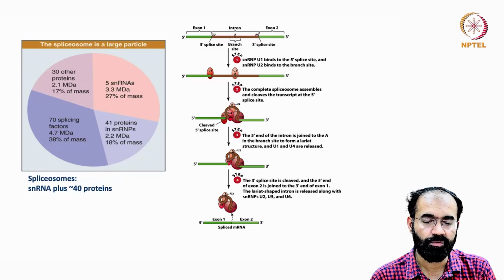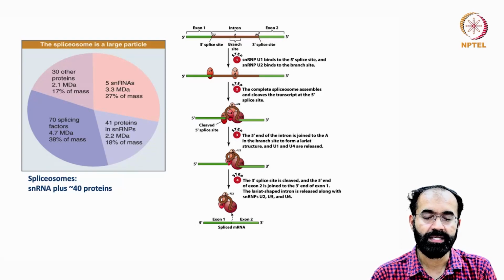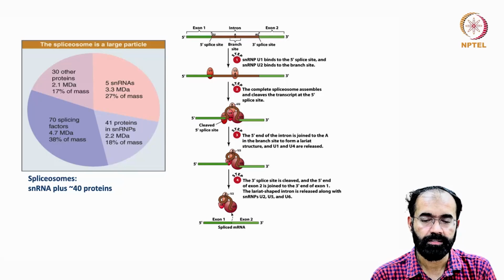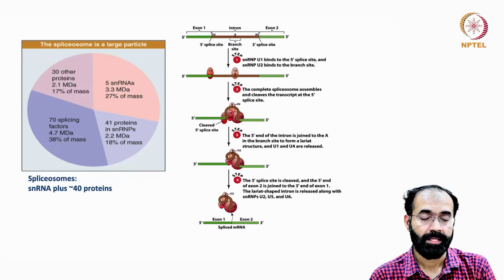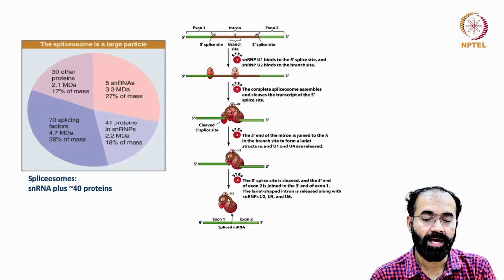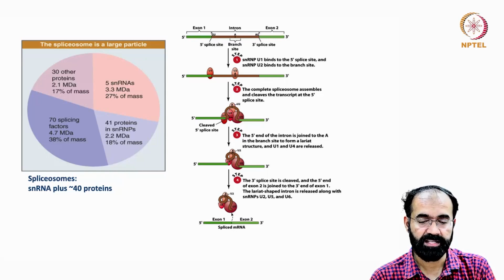The 5' end of the intron 1 is joined to the A in the branch point to form the lariat structure, and the U1 and U4 are now released, and now you have the second transesterification reaction.